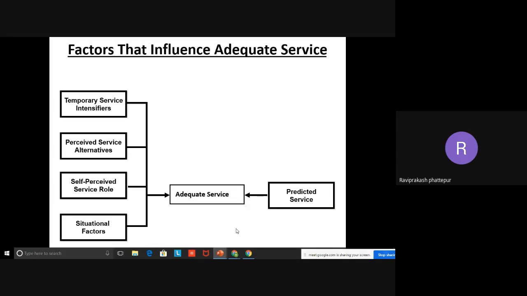Then next comes situational factors. So at that particular situation, the service needs to be provided. At that particular situation, you are expecting a very good service to be provided to you. So these are the four factors which give you your adequate service level.